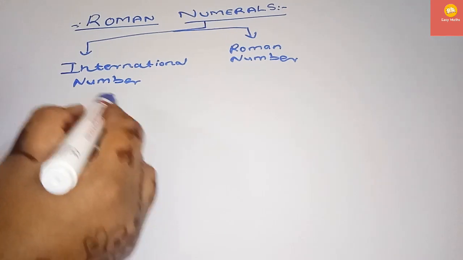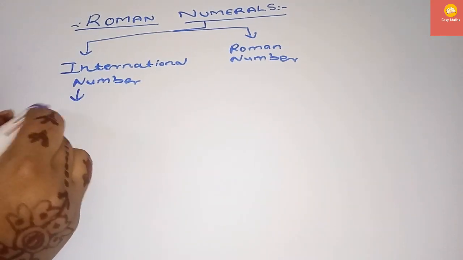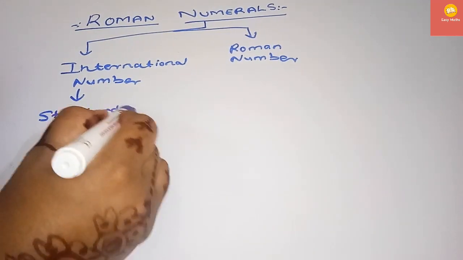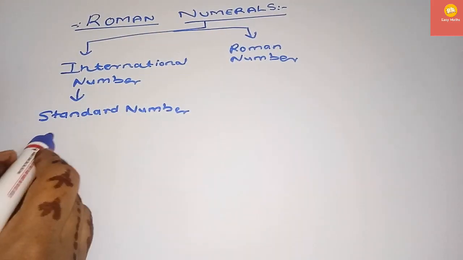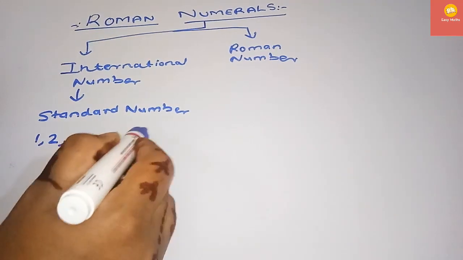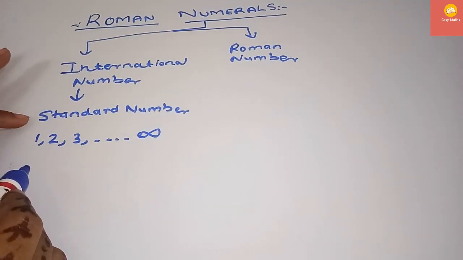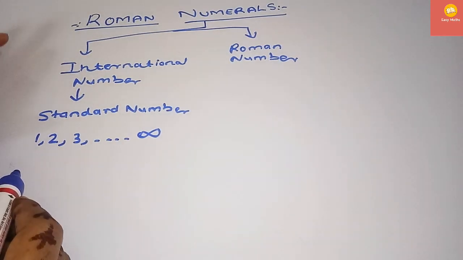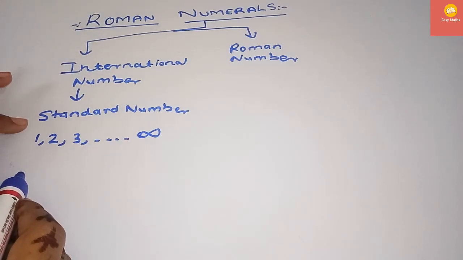What is international number? International number is nothing but our standard number. What is standard number? 1, 2, 3, and so on till infinity. Don't be confused. Whenever I say international number, it is nothing but our standard number.